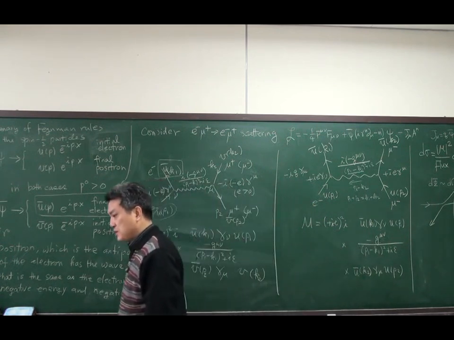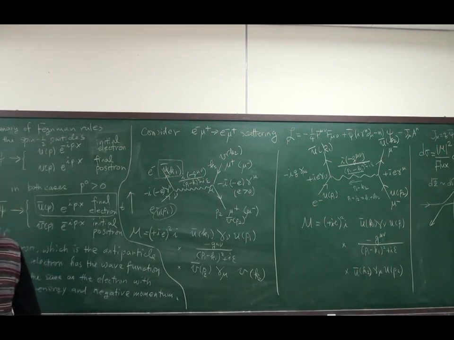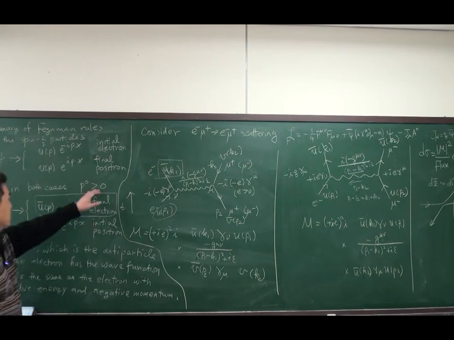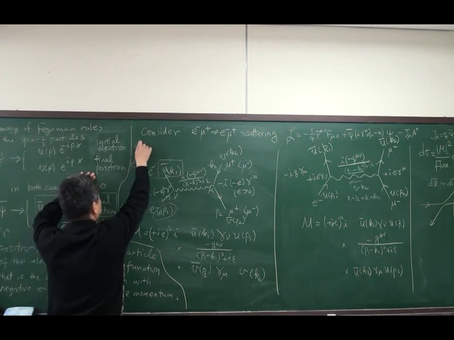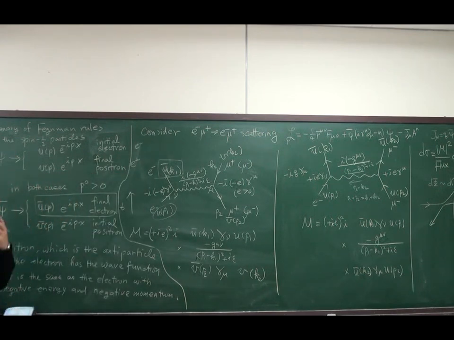The particle with opposite charge and the same mass as the particle is called the antiparticle. For example, the positron we call e plus and the electron is e minus. They have the same mass, but only the charge is different. That is just opposite.